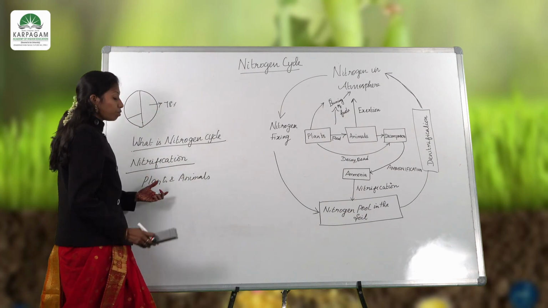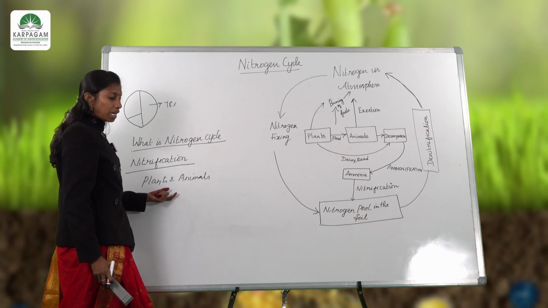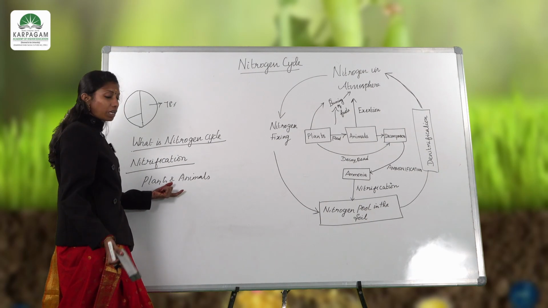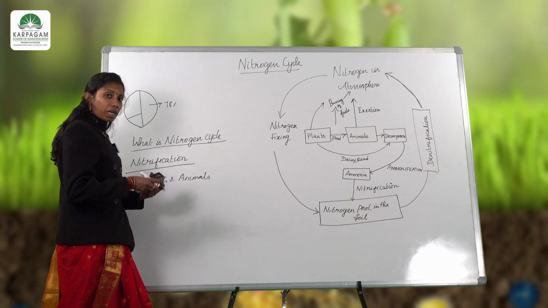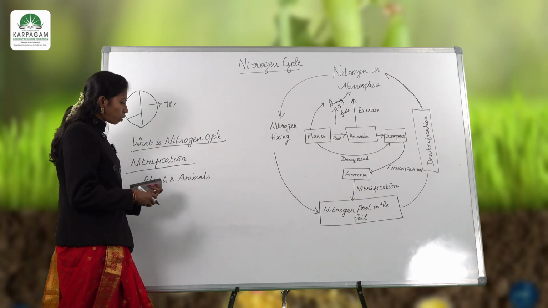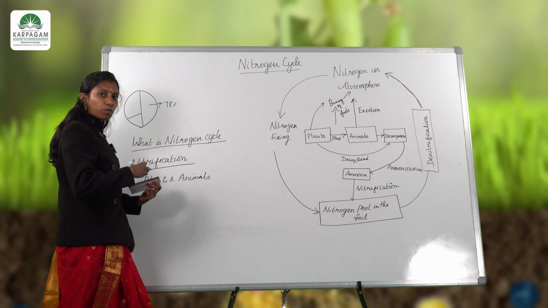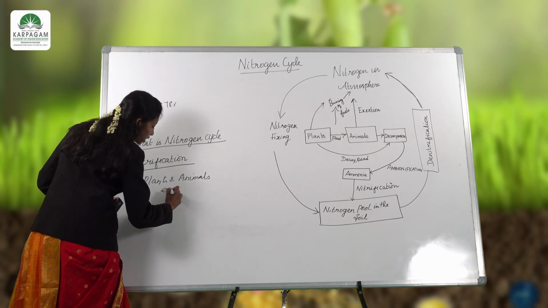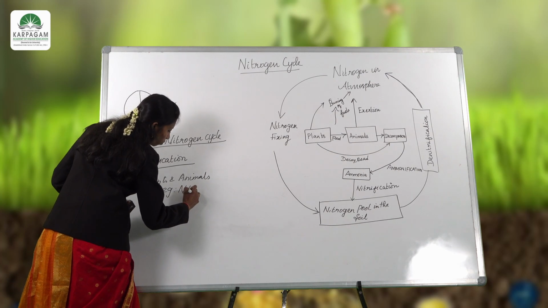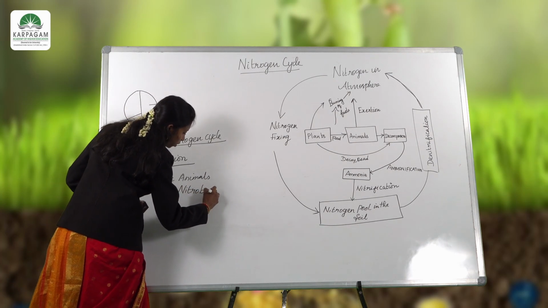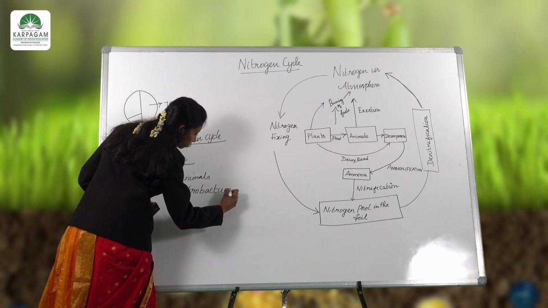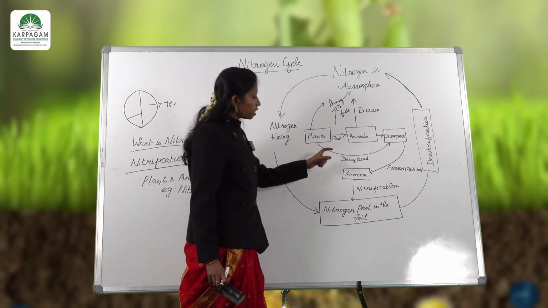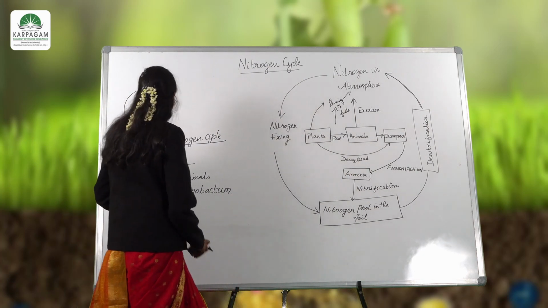When plants and animals die, they get decomposed, and the decomposed particles enter into the soil, and the microorganisms present in the soil will take in those nitrogen molecules, and what happens then? They will produce the nitrogen, and the responsible bacteria we call Nitrobacter. So this is what happens in this part.